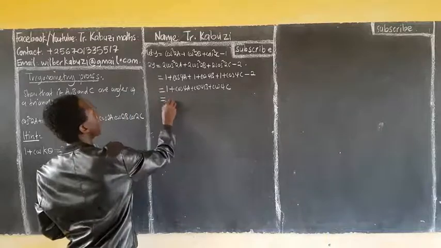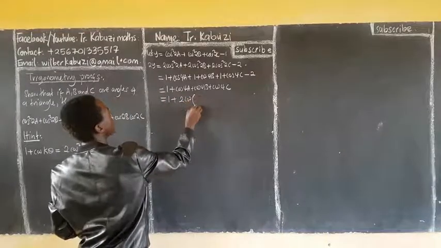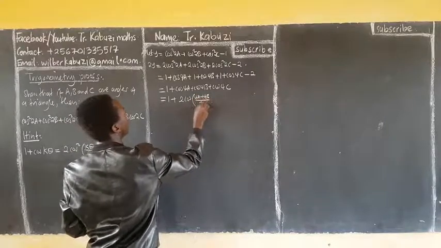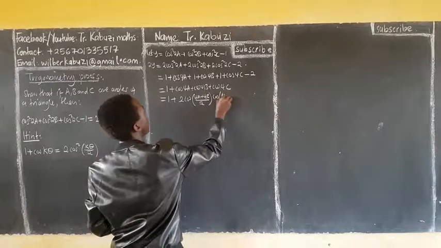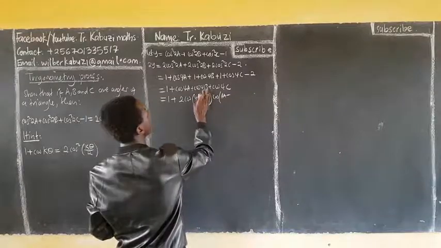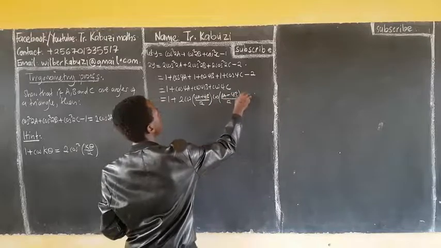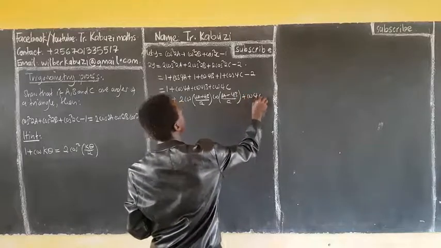We are going to be having 1 plus 2, since we are adding cos, cos of 4A over 2, then minus 4B over 2, plus cos 4C.